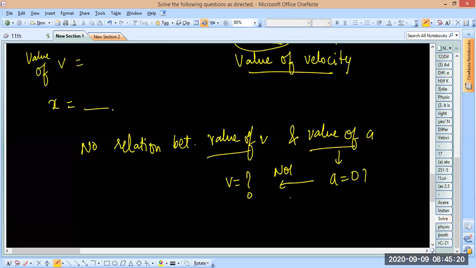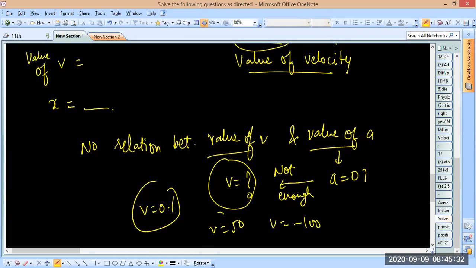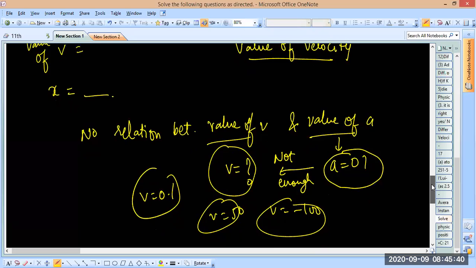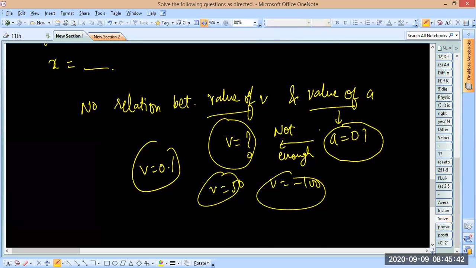You cannot decide what is v. It is possible that v is 50, it is possible that v is minus 100, it is also possible that v is 0.1. Just by knowing that a is 0, you cannot find what is v if you don't know any other information. So only knowing this is not enough to find velocity.